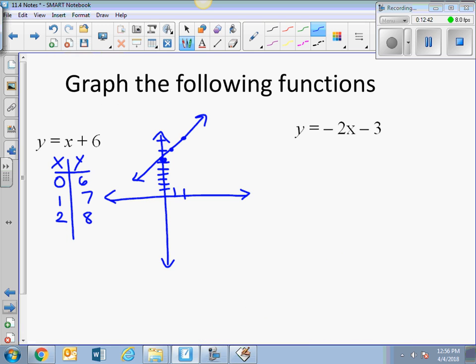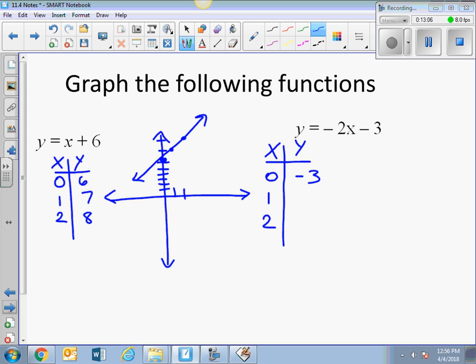All right. Last one. This one here, I need to go ahead and do the same thing. Make a table of values. We'll just use 0, 1, and 2 again. If I put a 0 in, 0 times negative 2, still 0, right? Minus 3, negative 3. Put a 1 in. 1 times negative 2 is negative 2.